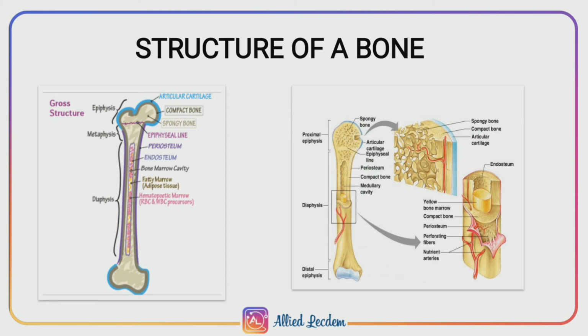It is made up of an outer fibrous layer and an inner cellular layer, which is osteogenic in nature. Periosteum is united to the underlying bone by fibers, and the union is particularly strong over the attachment of tendons and ligaments.